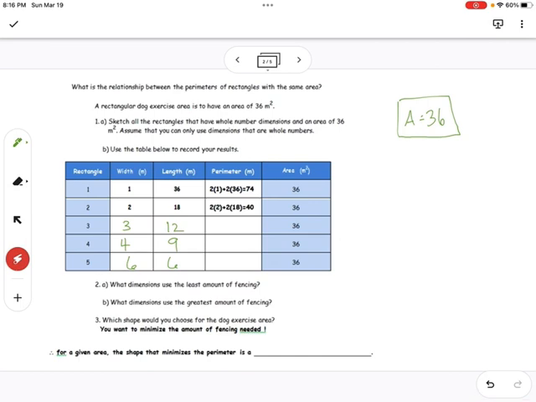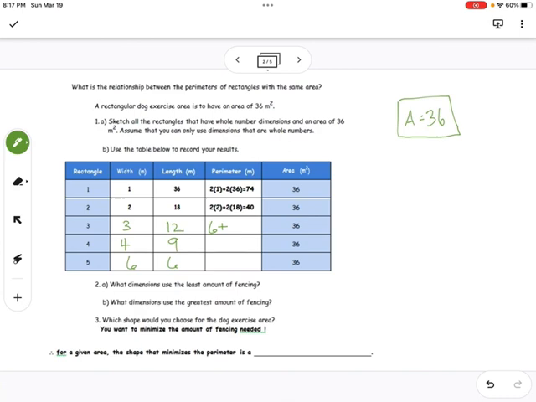So now we can look at the perimeter. So we need to do 2 times the width plus 2 times the length to get us our perimeter. Okay, so we have 3 times 2, and that's 6.